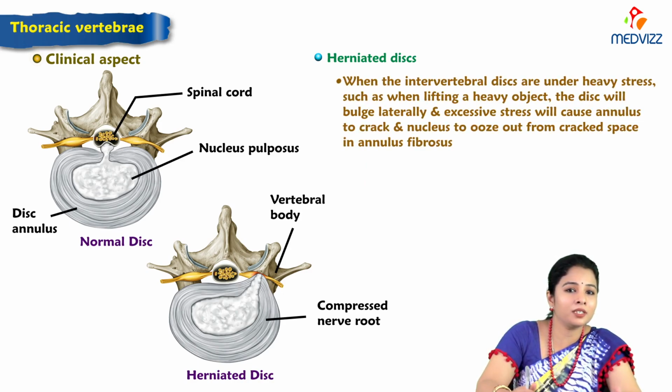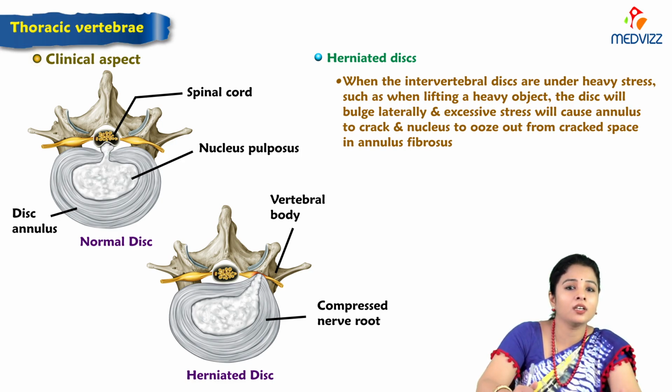When the intervertebral disc is under heavy stress, such as lifting a heavy object, the disc will bulge laterally and excessive stress will cause the annulus to crack and the nucleus pulposus to ooze out of the cracked space in the annulus fibrosus. So this is called a herniated disc.